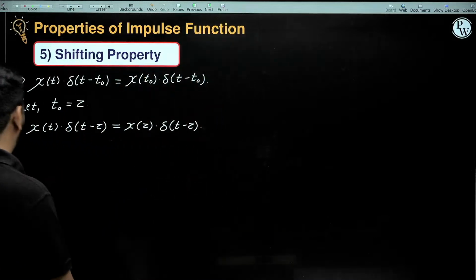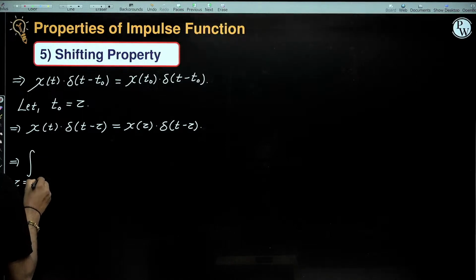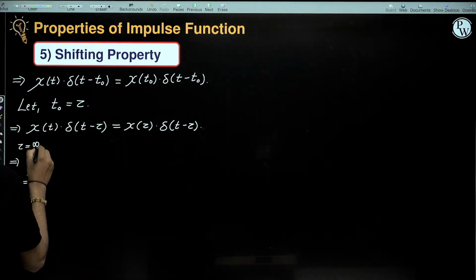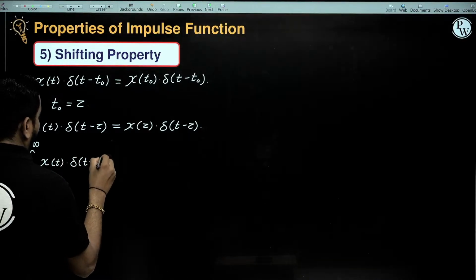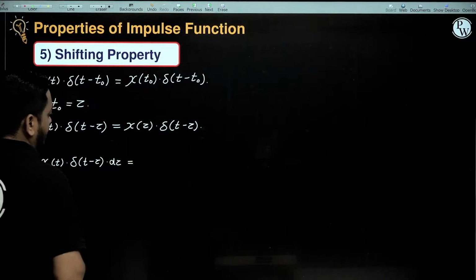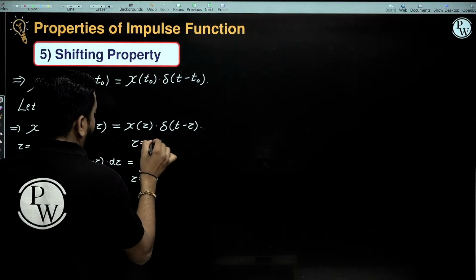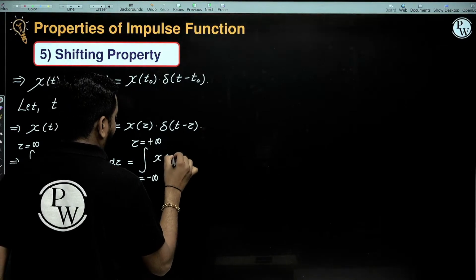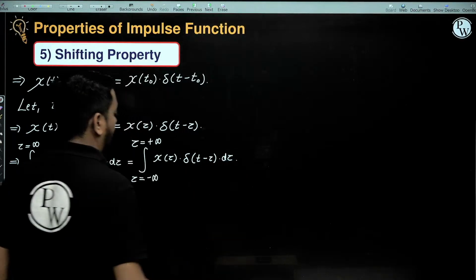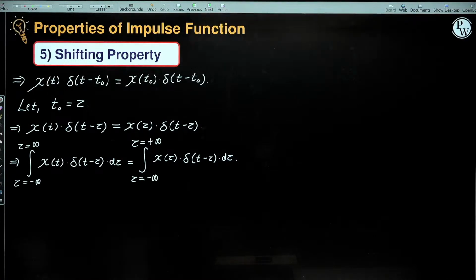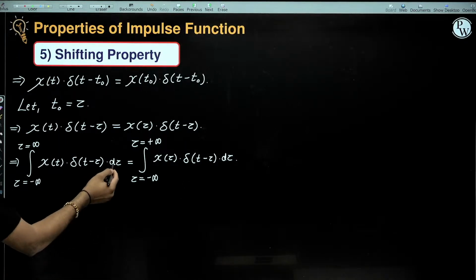So if you integrate with respect to tau, from minus infinity to plus infinity, x of t del t minus tau d tau is equal to the integration from minus infinity to plus infinity of x of tau into del t minus tau d tau. Now here you can see the variable of interest is tau, guys.